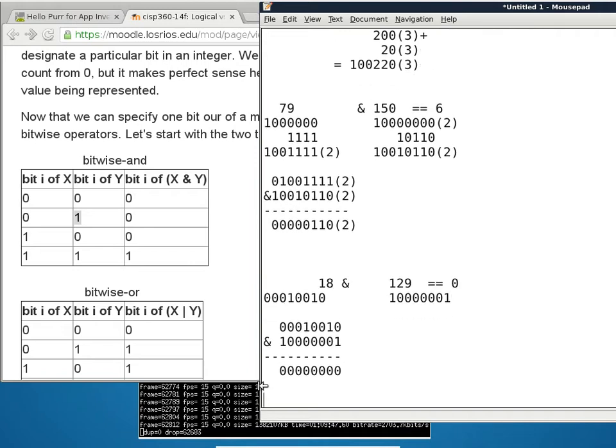What about the logical operation? What about 18 on one side and 129 on the other, but this time using the logical AND operation? We have non-zero on one side, non-zero on the other side. So what is the result of this logical AND operation? Non-zero, exactly. We don't know whether it's 18 or 129 or 1 or -1. We just know it is non-zero.